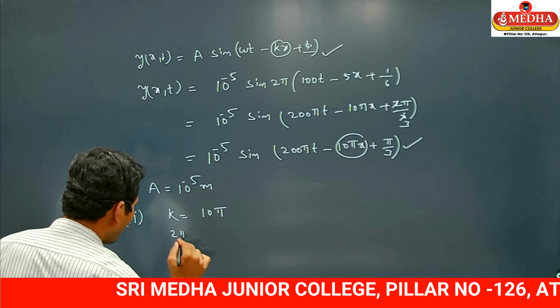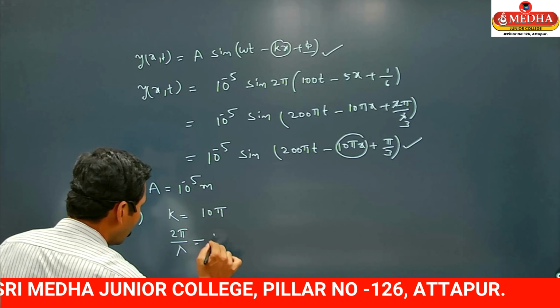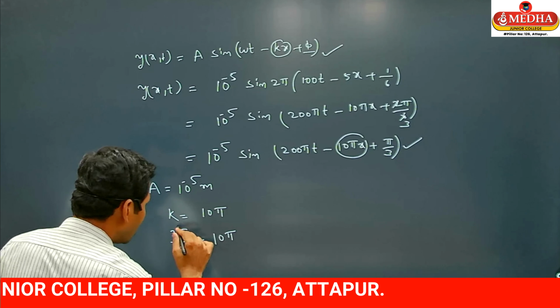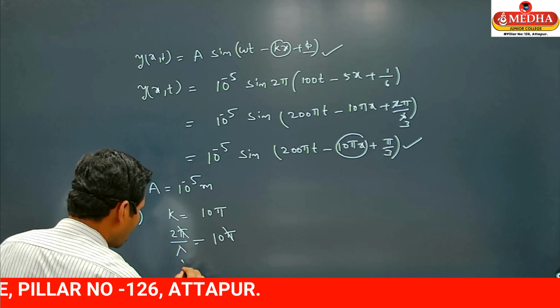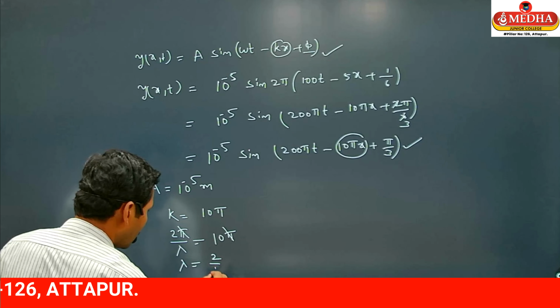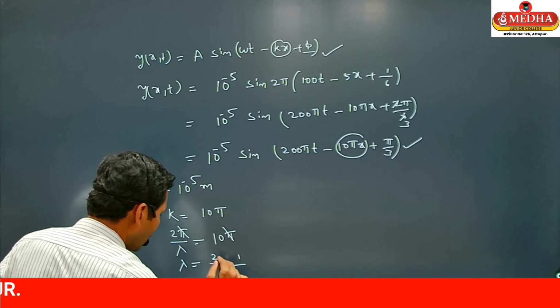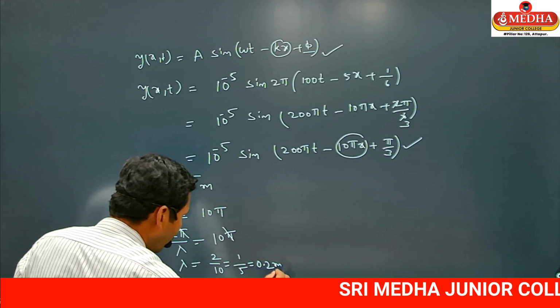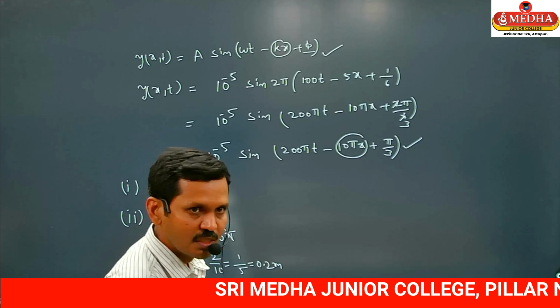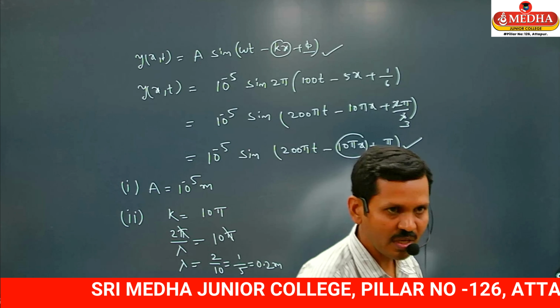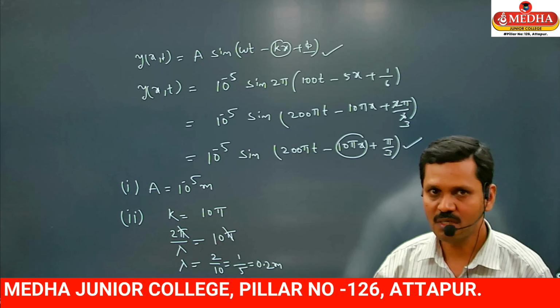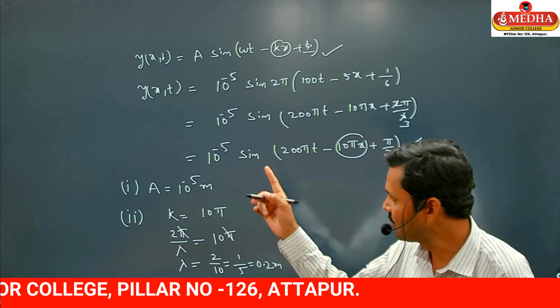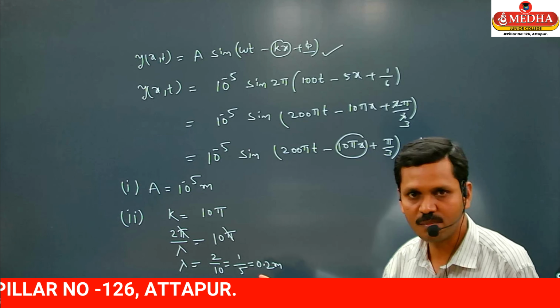But we know k equals 2 pi by lambda, which is equal to 10 pi. The pi cancels here, so lambda is equal to 2 by 10, which means 1 by 5 or 0.2. The SI unit of wavelength is meter. Like this, if you compare the given equation to the standard equation, we can easily solve this type of question, a shortcut method.